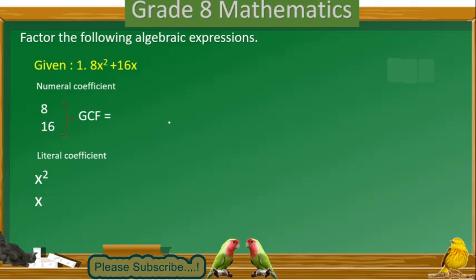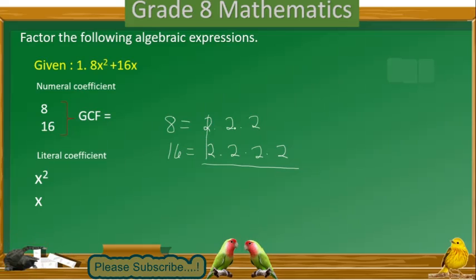For 8, the factor of 8 is 2 times 2 times 2. For 16, that is 2 times 2 times 2 times 2. So as you can see here, this one is common to both of these numbers.